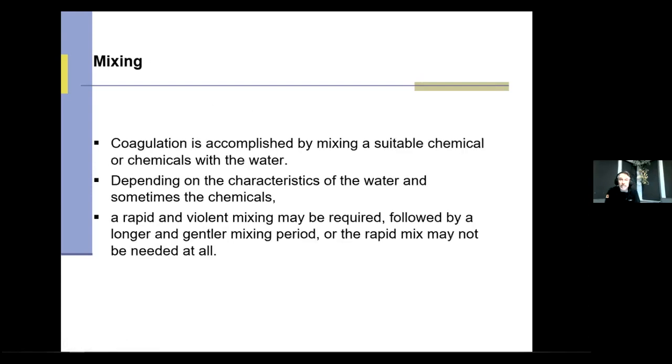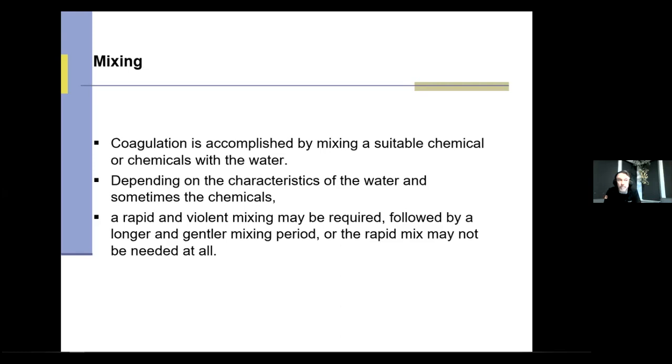We'll get into mixing, and we started talking a little bit about mixing. Coagulation is accomplished by mixing a suitable chemical, and we know today that's a cationic coagulant, and it's probably going to be alum or some sort of derivative of alum. A violent and rapid mix is required, and then we're going to follow that by a longer, gentle mix.